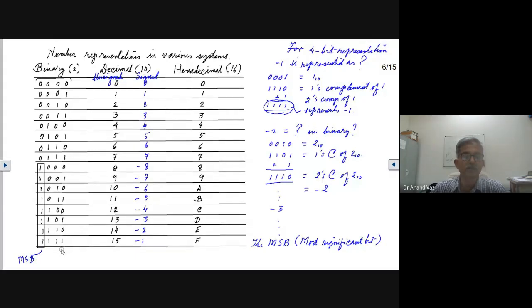And the bit on the extreme right is the least significant bit. So here the most significant bit is 1 for signed integer representation.